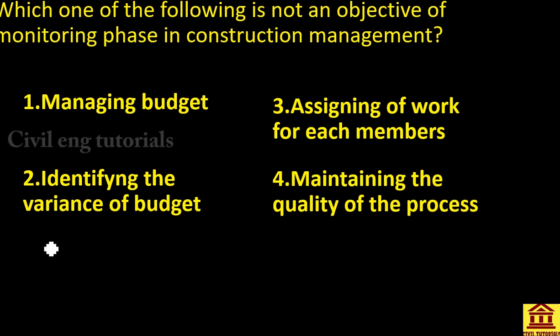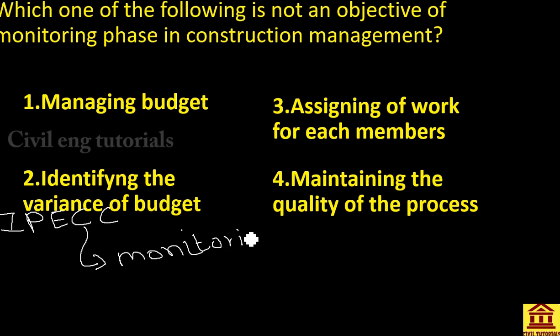As I mentioned, the five phases are IPECC: I means initiation, P planning, E execution, C control, and C closure. The controlling phase is also called the monitoring and controlling phase.